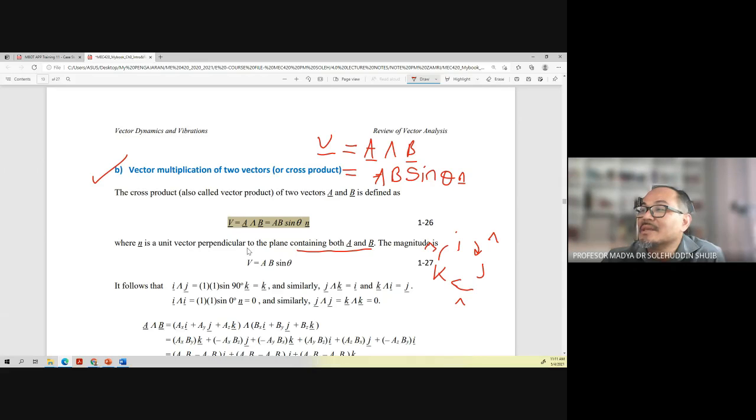So you get i cross j equals k, and j cross k, you get positive i. K cross i, you get positive j. If they are crossed by themselves, you are going to get the value of 0. I cross i, j cross j, k cross k, you get 0.